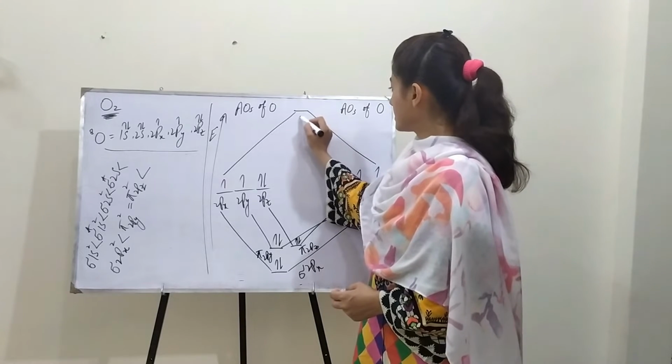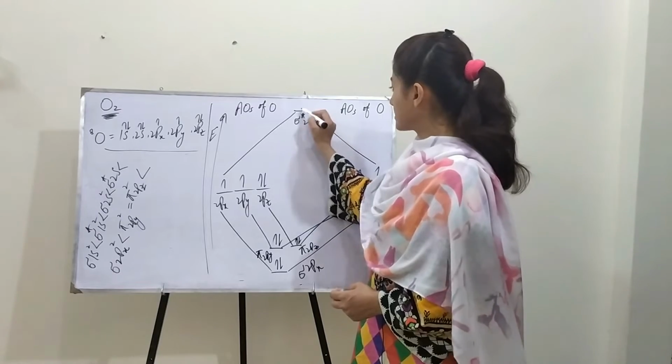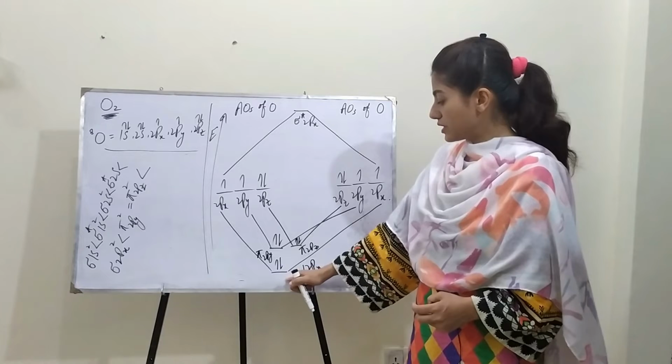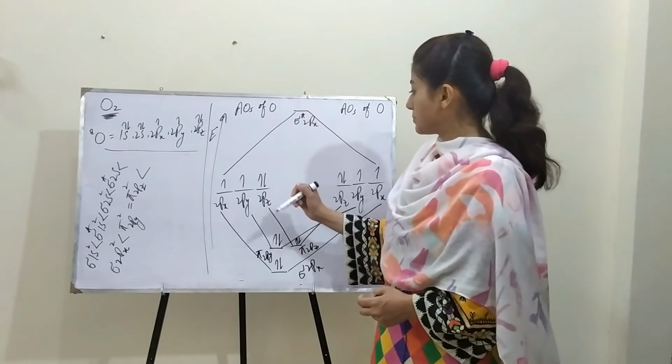Here it would be sigma star 2px. It would be empty because these 2 electrons have been placed in sigma 2px. So it would be empty.